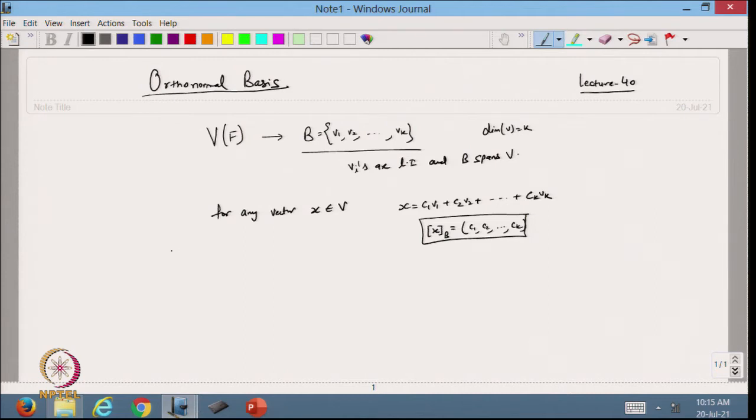I will start with simple theory about orthonormal basis.